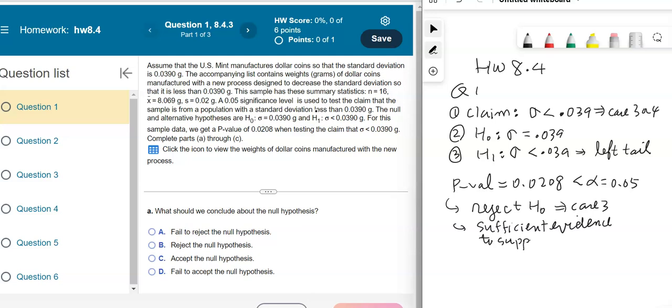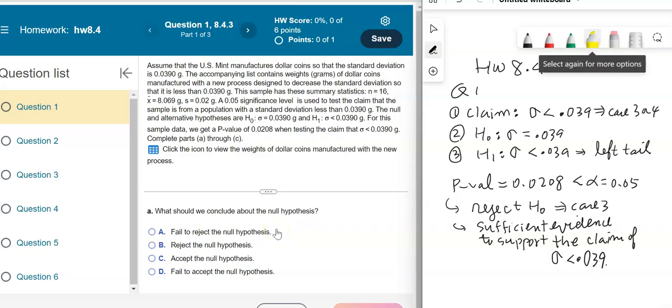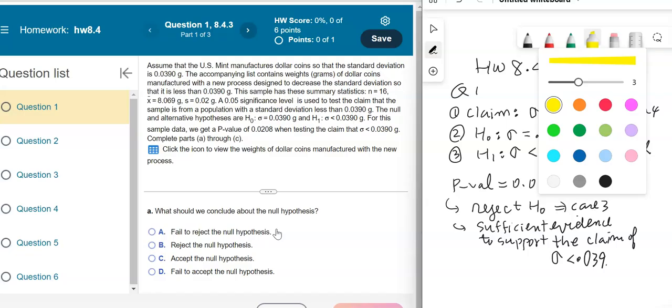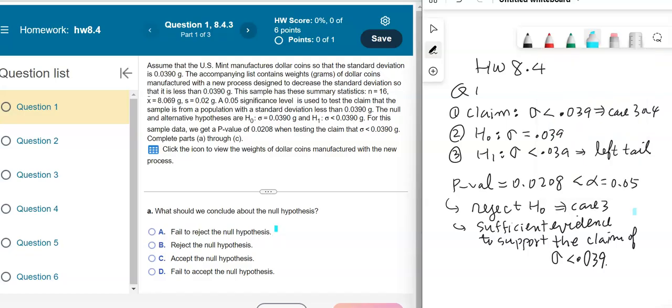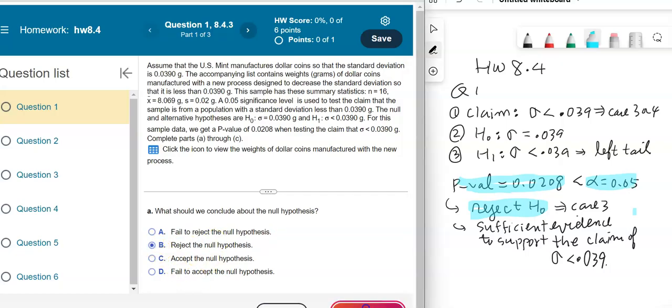Is that right? What are they asking here, what would we conclude about the null hypothesis? Because the p-value is less than the alpha, we are going to reject the null hypothesis.